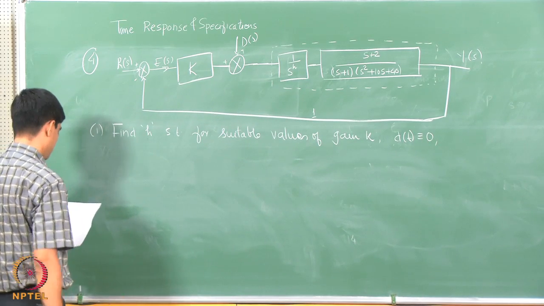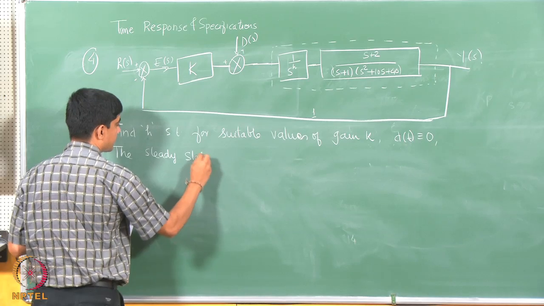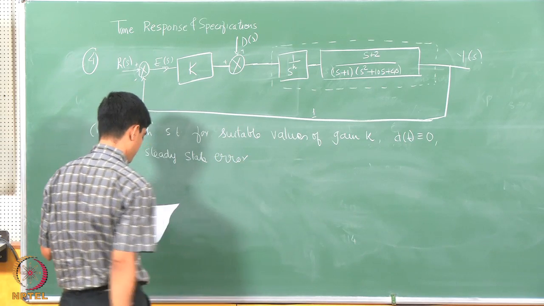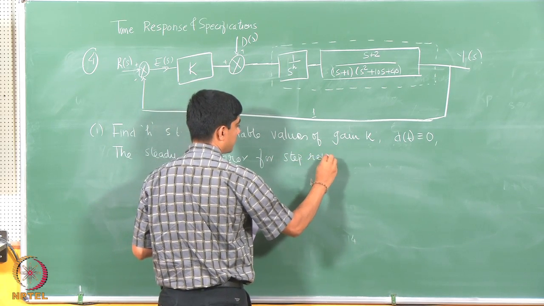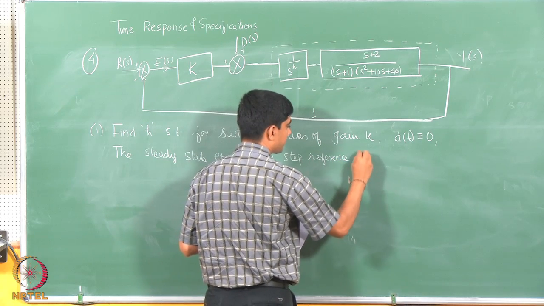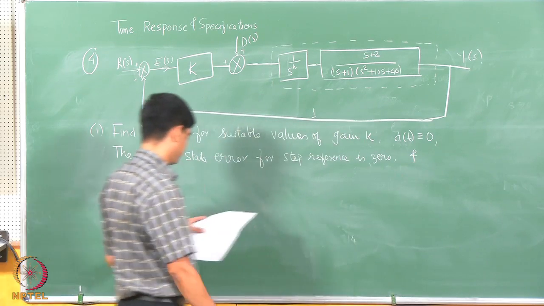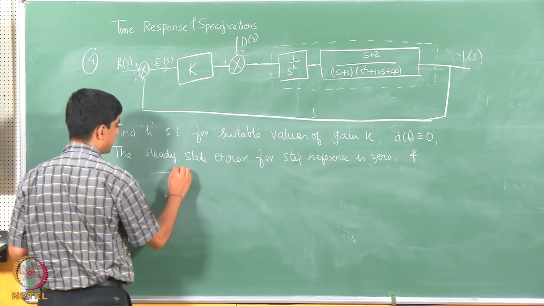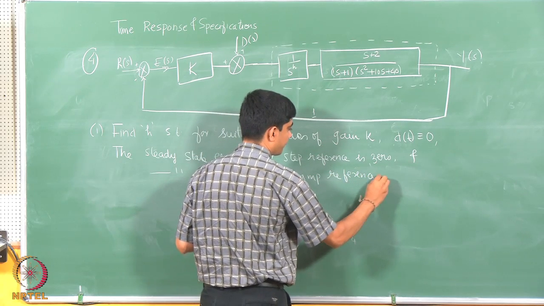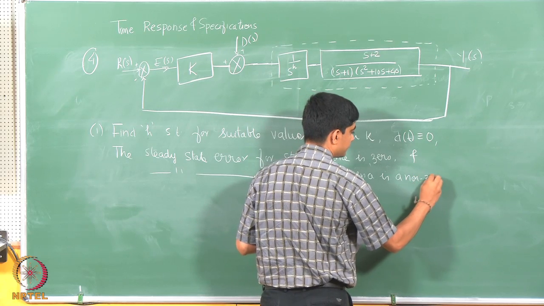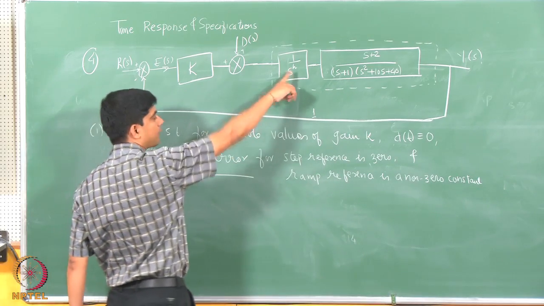So, the h should be such that the steady state error for a step reference or step input is 0, and the steady state error again for a ramp reference is a non-zero constant. Okay. Which means we are just interested in finding the type of the system.